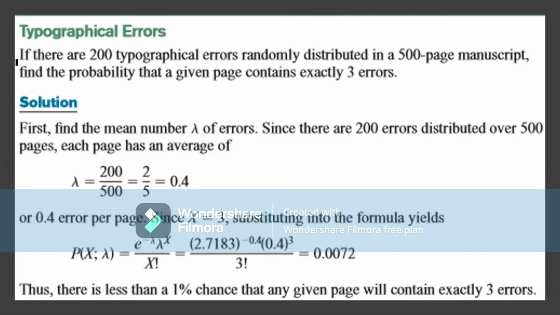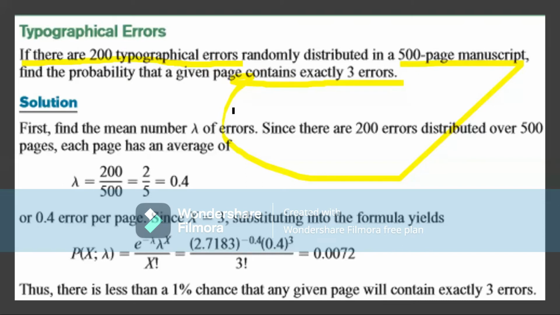So here's an example. For example, if you have 200 typographical errors which are distributed in a book, or you can say a manuscript comprising 500 pages, what is the probability that a given page contains exactly 3 errors? In this situation, according to the information given, you can simply calculate the mean at first, right?